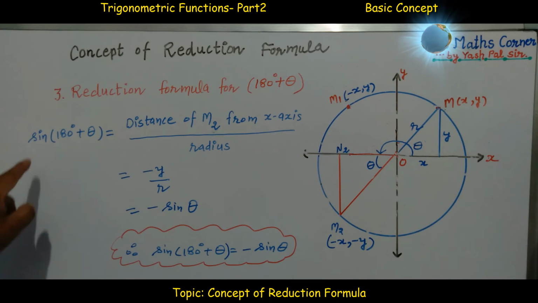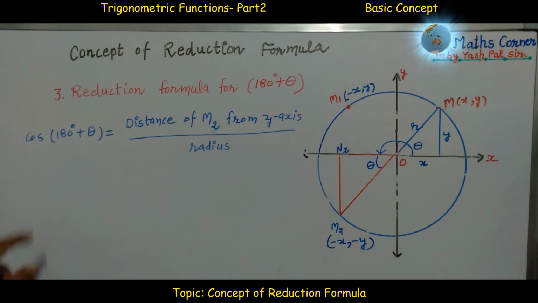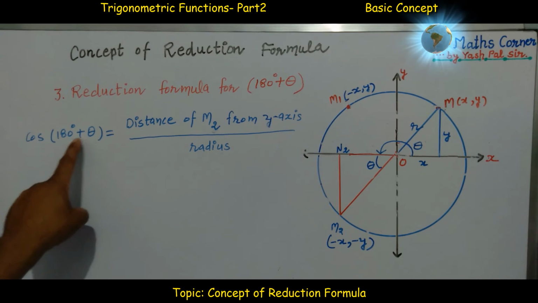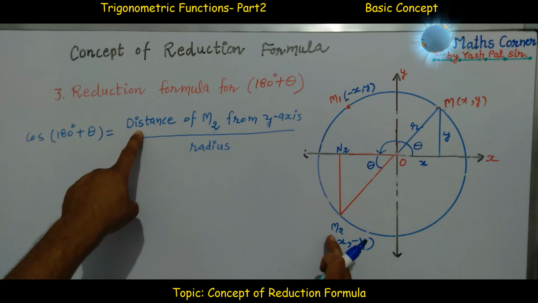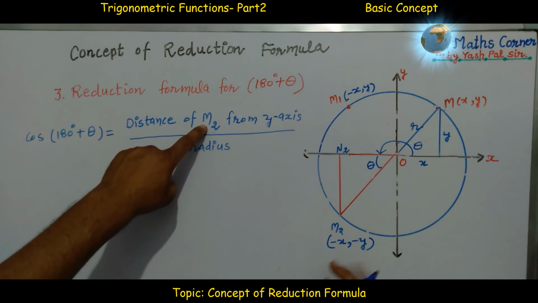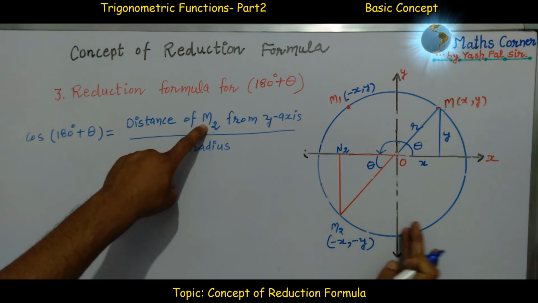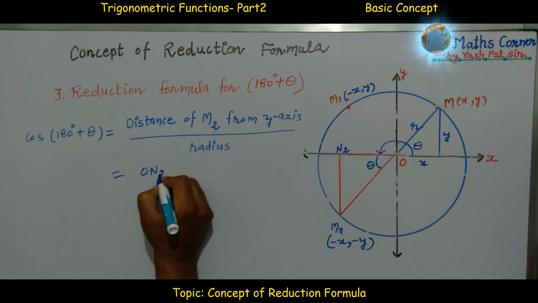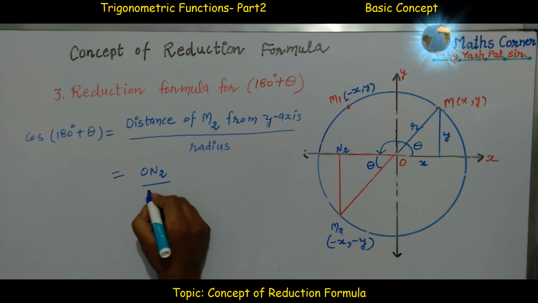Now similarly, using the real definition, cos 180 degree plus theta is equal to the distance of m2 from the y-axis, that is this distance o n2, divided by the radius of the circle r.